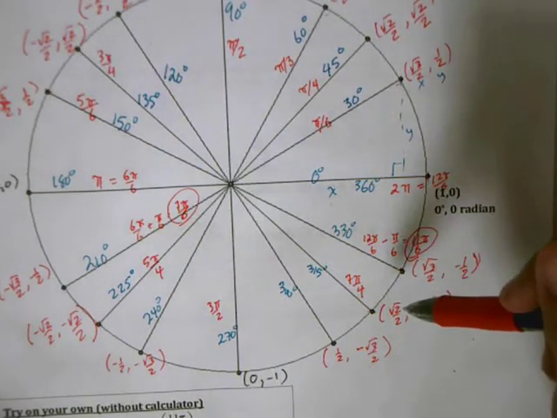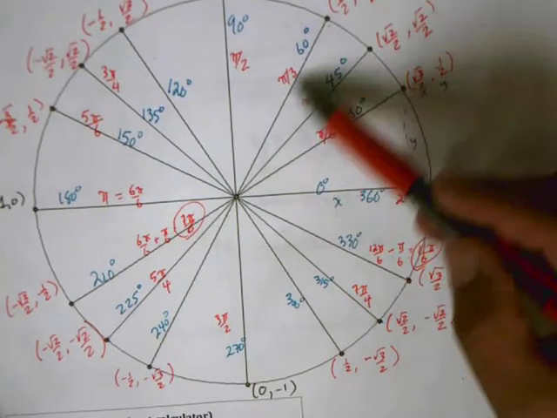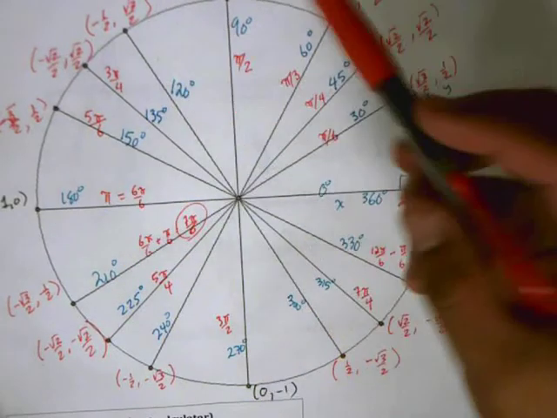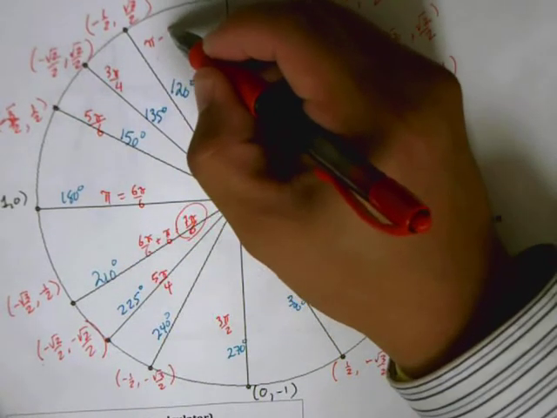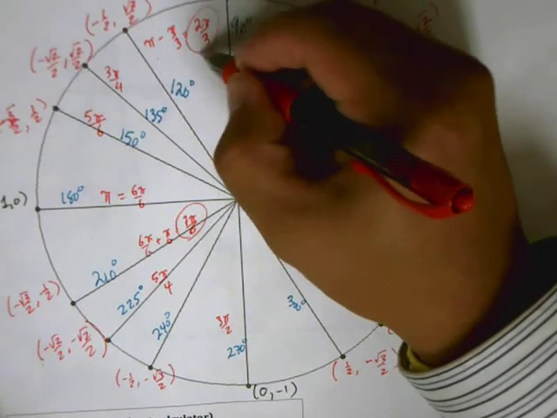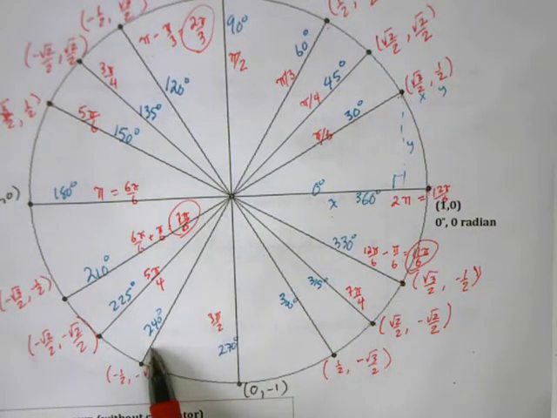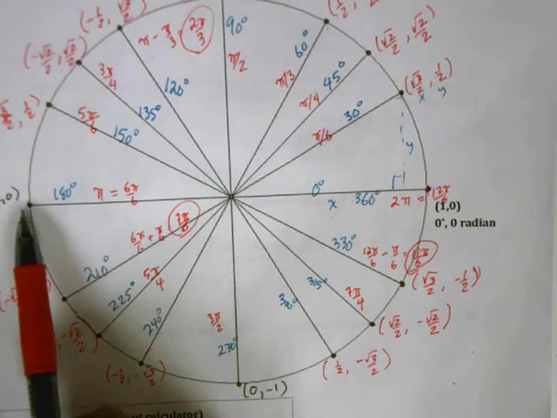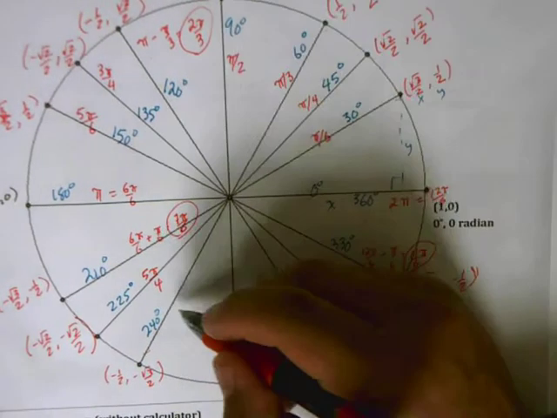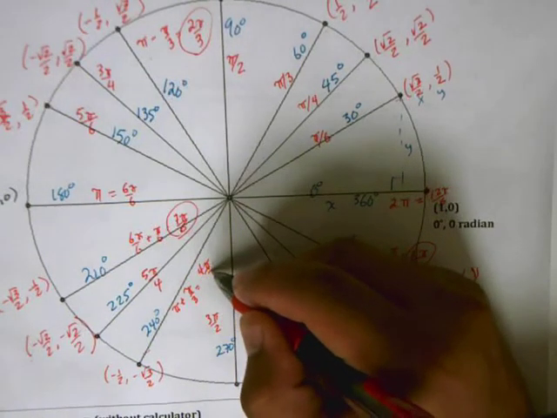And that gives me all of my fourths, and let's do all of the thirds. Going to this point here is pi over 3. So if I want to get to this point, it's pi minus pi over 3. So I can write this here. Pi minus pi over 3, which is 2 pi over 3. Getting to this point down here, it's pi plus pi over 3, and that's going to give you 4 pi over 3.